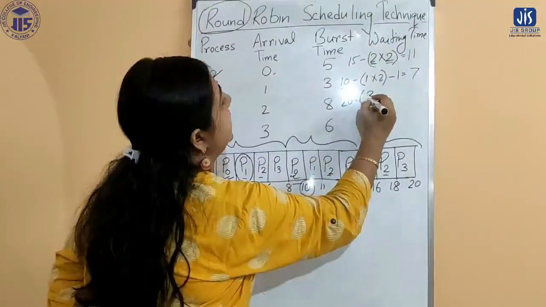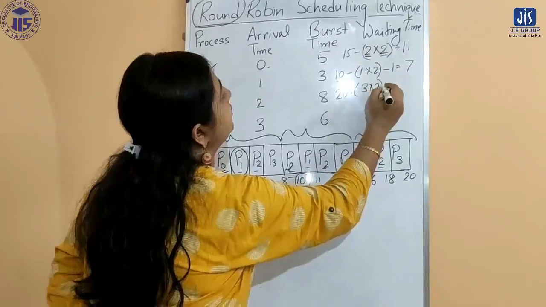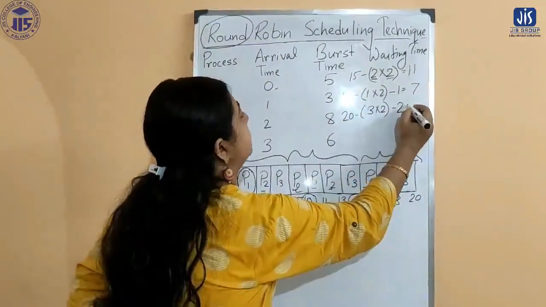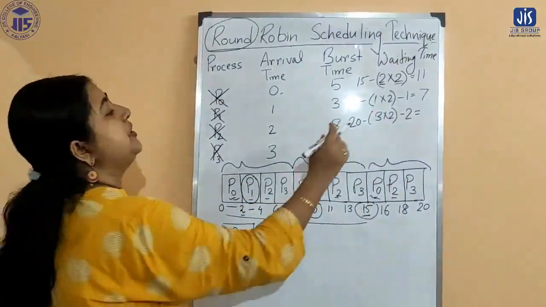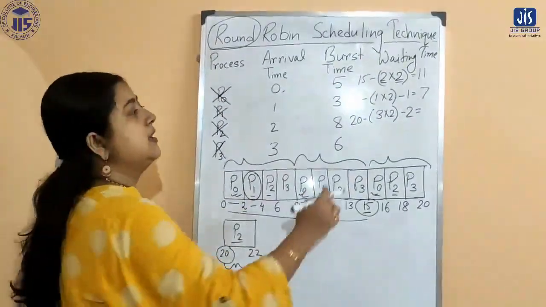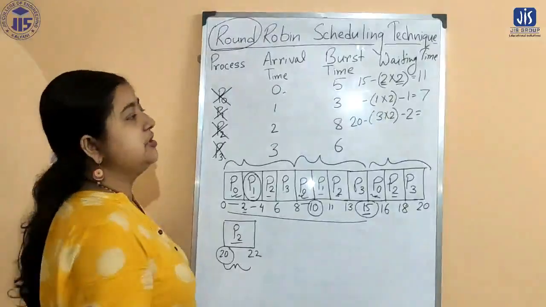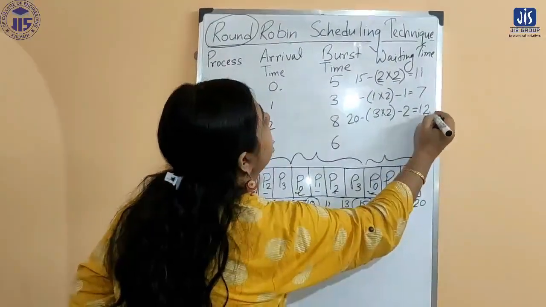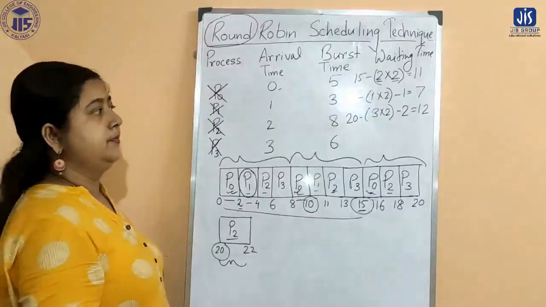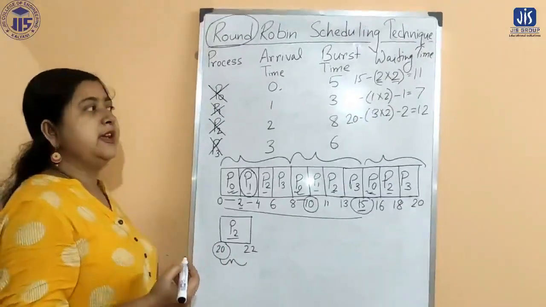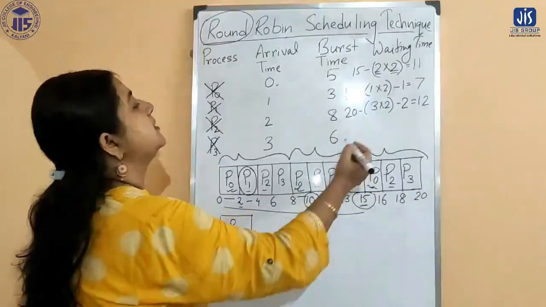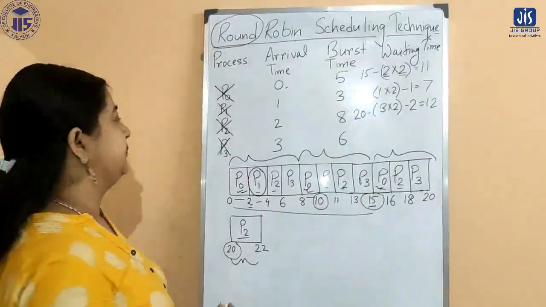So it is 3 into 2 minus its arrival time. 3 into 2 is 6, 6 plus 2, 8. 20 minus 8, it will be 12. Okay, so 12 is the waiting time for P2.